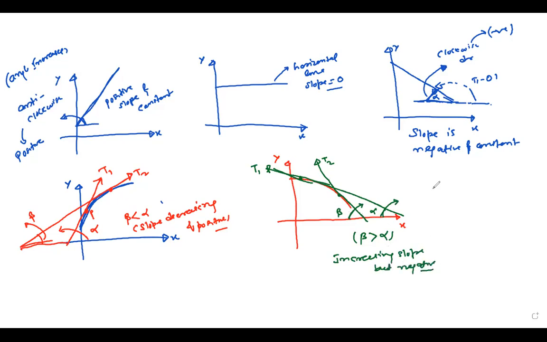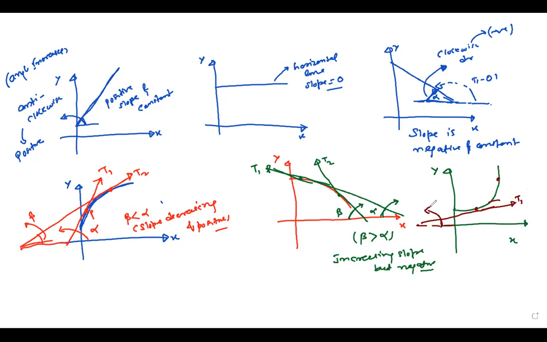Okay, let's draw the third figure. Y, x, suppose this is a curve. Let's again draw it. Tangents, suppose at this point we are drawing a tangent like this. Okay, this is T1.